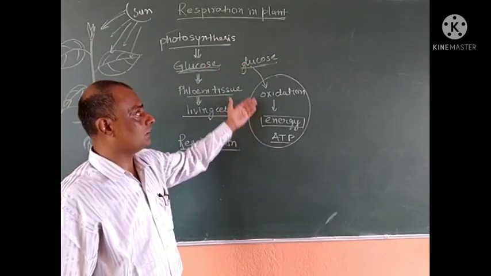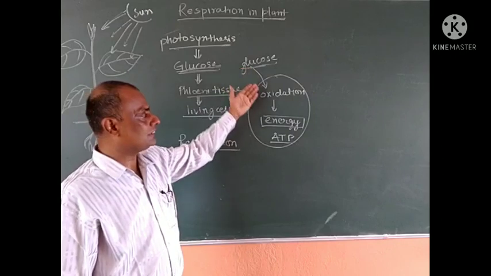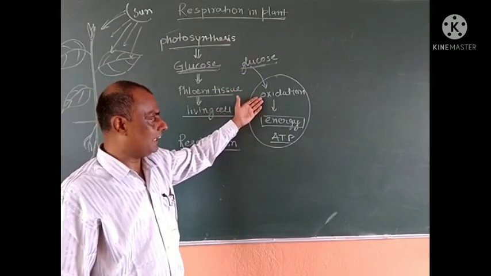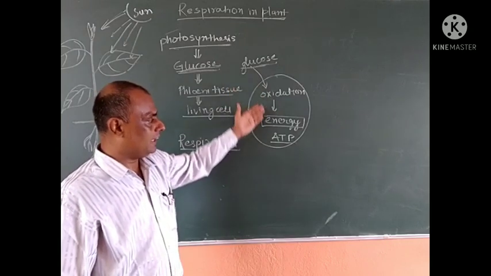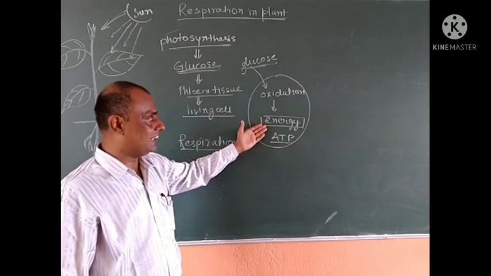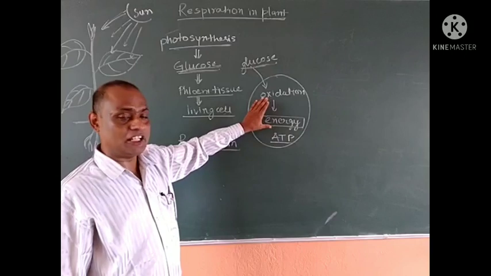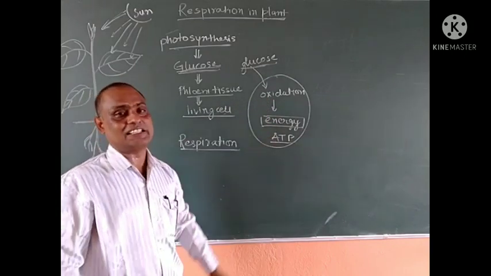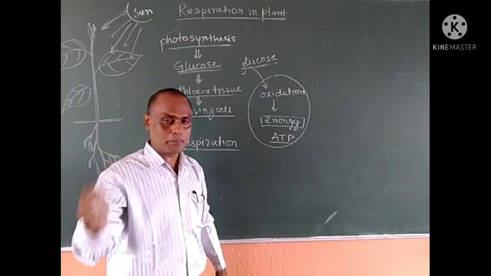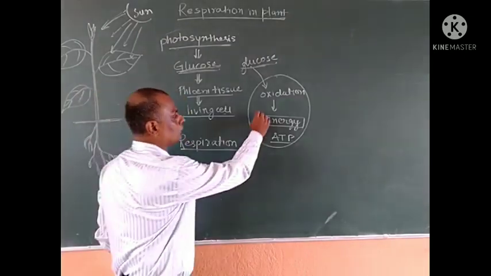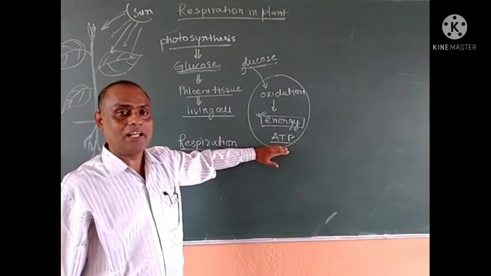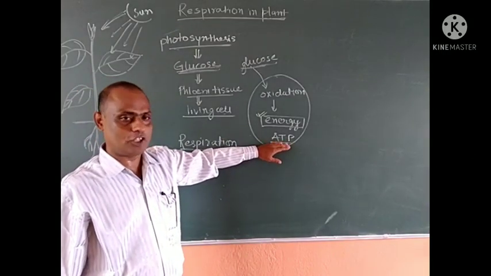What happens here? The glucose is oxidized, and energy is produced, and this energy is captured and stored in the cell to do all the functions that are carried out in the plant. The energy that is produced is a complex chemical that is called adenosine triphosphate.